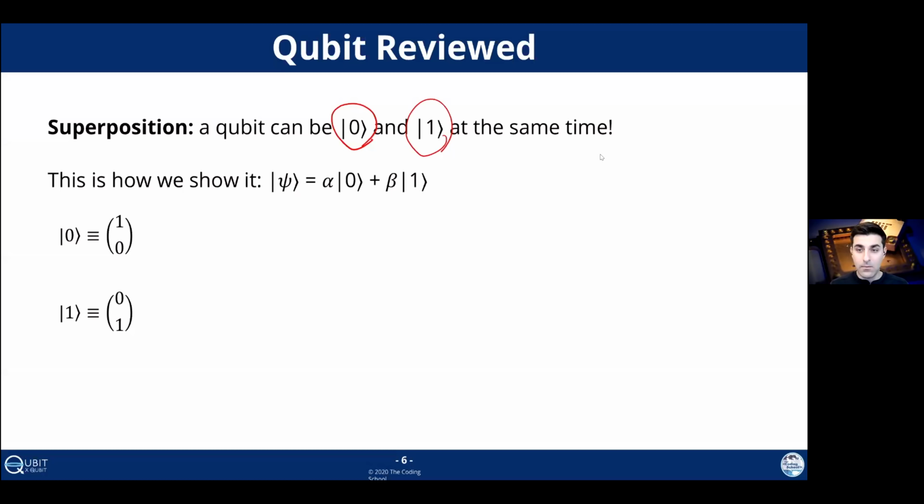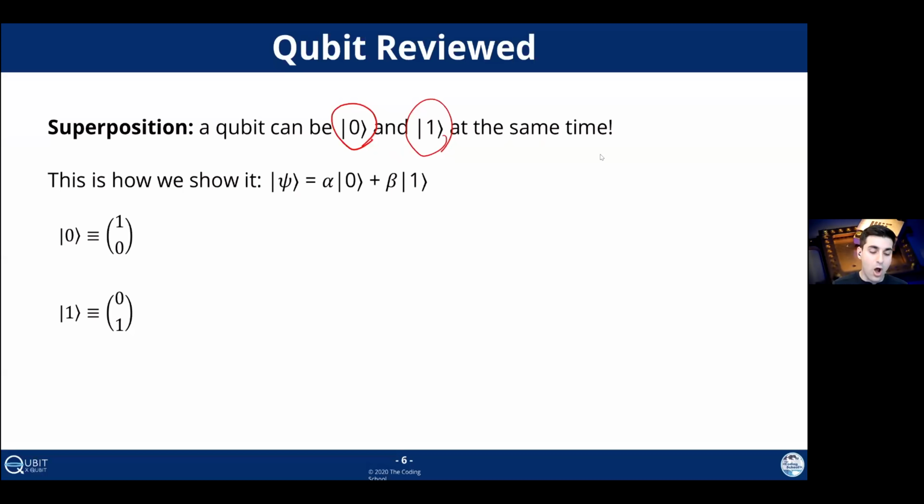And of course, something that we've discussed is we use the matrix mechanics version of quantum mechanics, in which we can represent any quantum state as a vector and any quantum operation as a matrix.